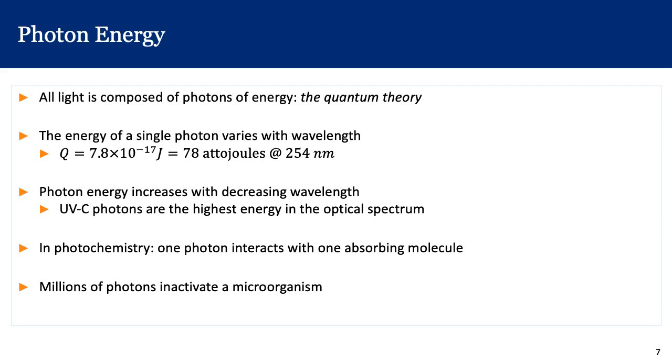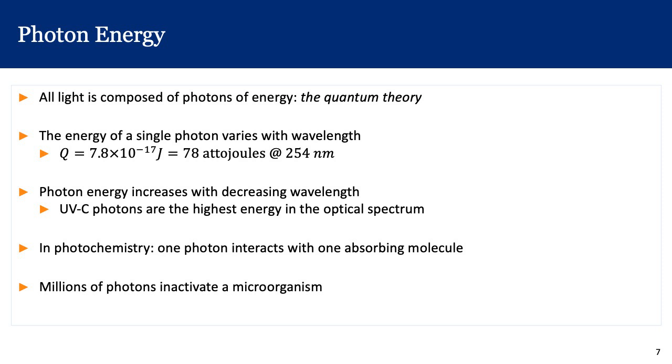The photon energy is a terribly small amount of energy that we would normally consider. So we're being exposed to 10 to the 18th or 10 to the 20th photons per second from sunlight. If we go down to 254 nanometers, we can actually calculate the energy.